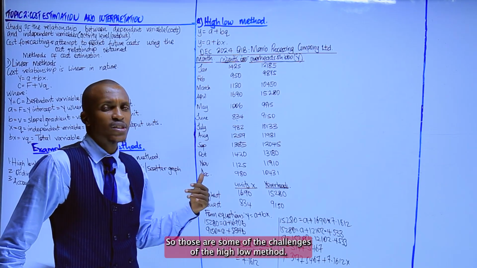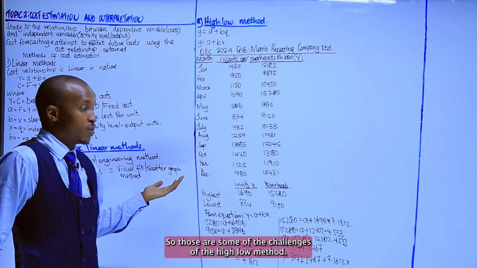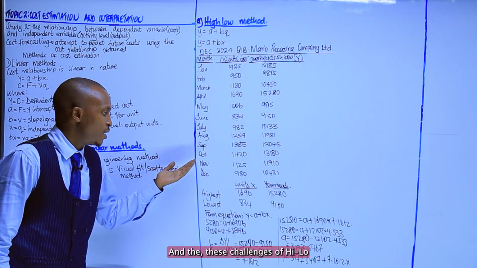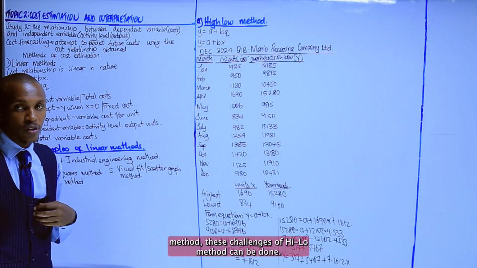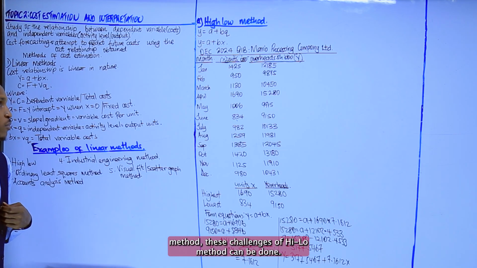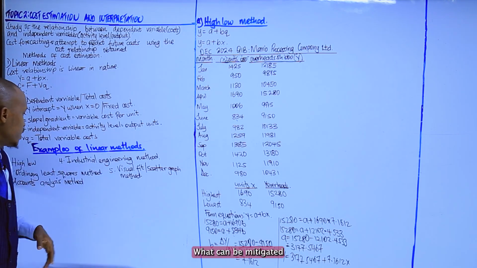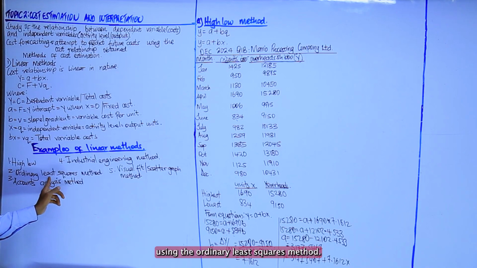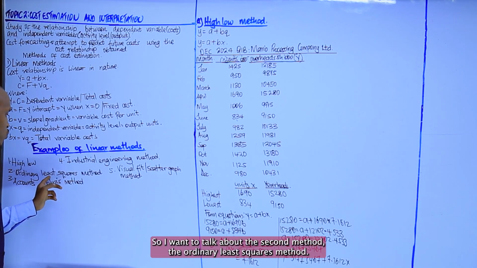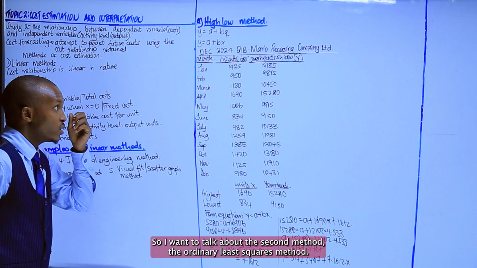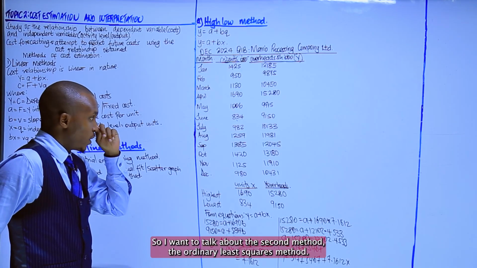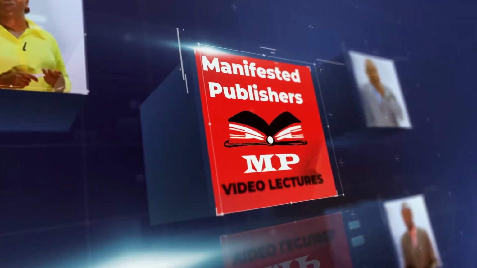So those are some of the challenges of the high-low method. These challenges can be mitigated using the ordinary least squares method. So I want to talk about the second method, the ordinary least squares method.